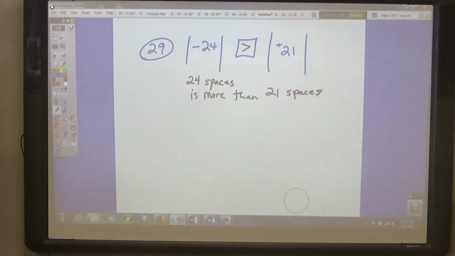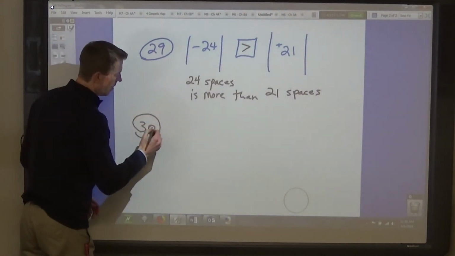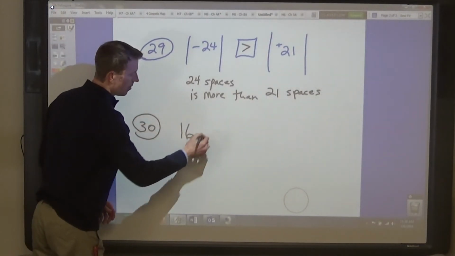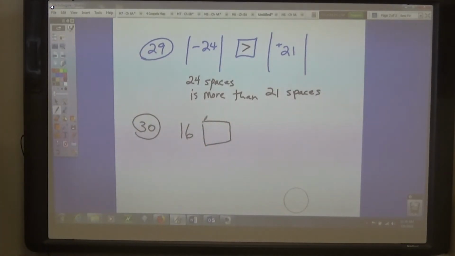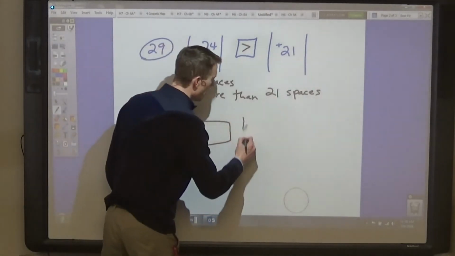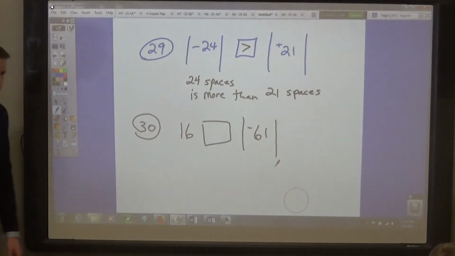Olivia. What happens if there's only one absolute value? Oh, like in number 30? Yeah. So in number 30, it says that 16 is greater than, less than, or equal to the absolute value of negative 61. Okay?